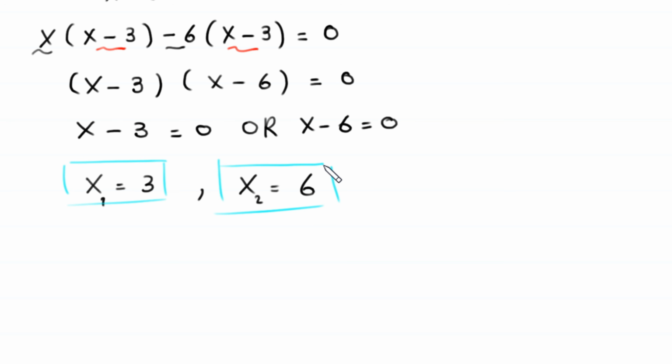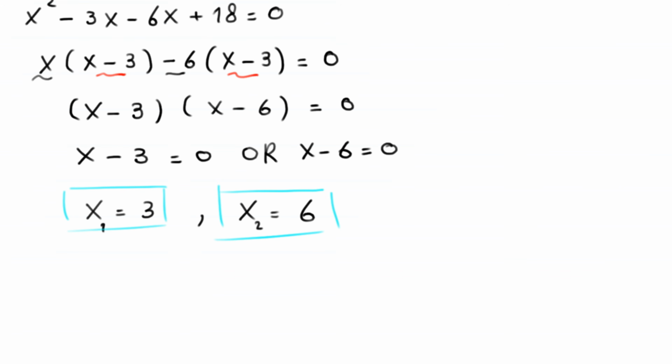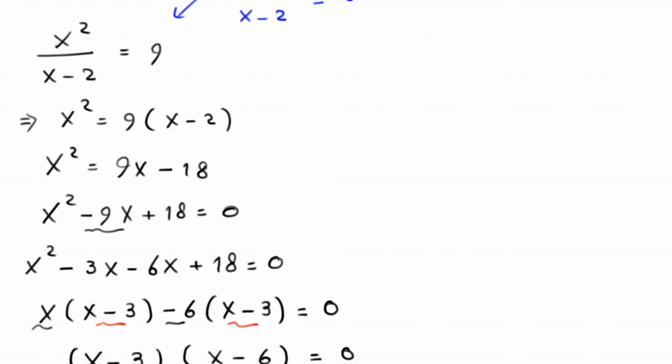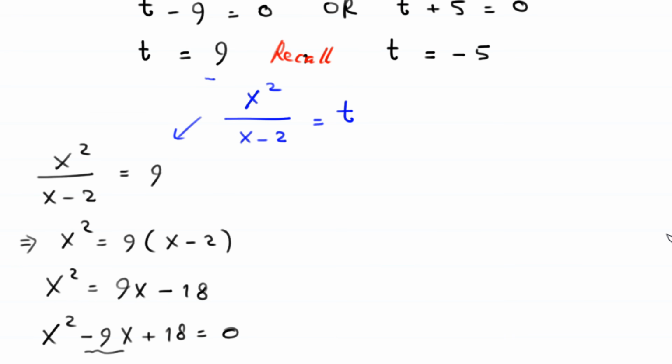We solve the second case. In the second case we have t is equal to negative 5. So this will become x squared divided by x minus 2 equal to negative 5. Multiply both sides by x minus 2.